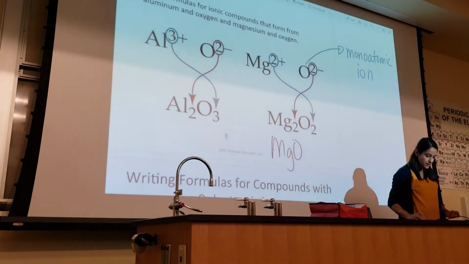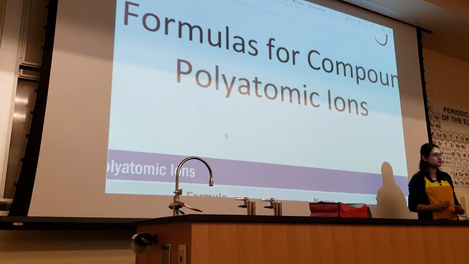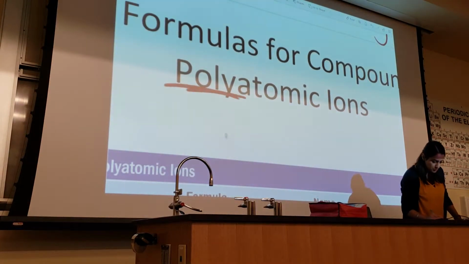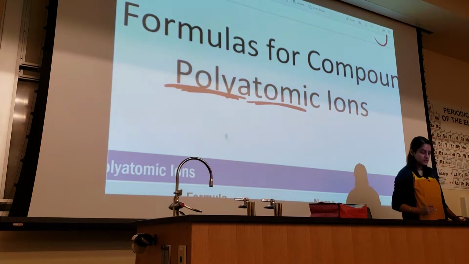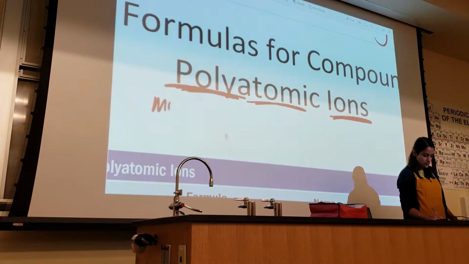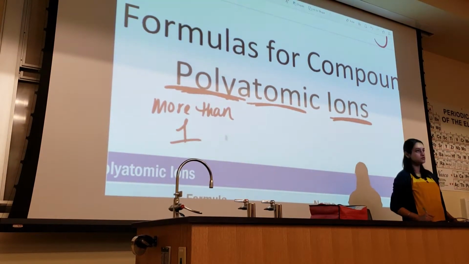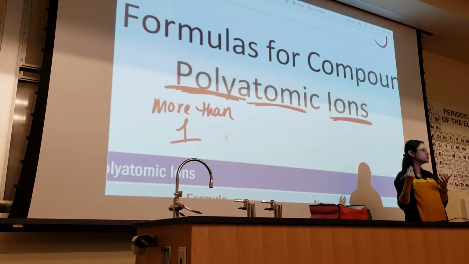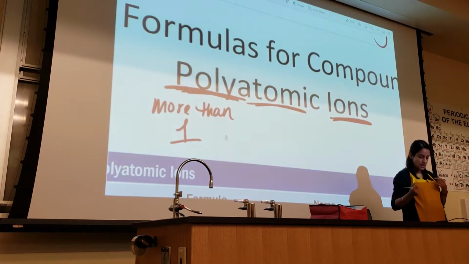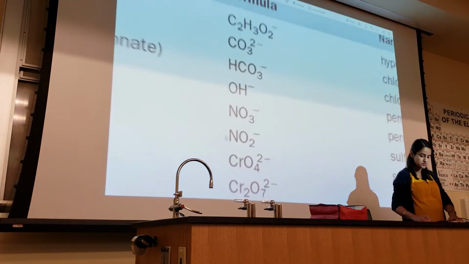Now you can have a situation where it's polyatomic. Poly meaning multiple atoms are involved, and they happen to have a charge. So poly, more than 1. Normally, you'll see 2 or 3 involved. 3 is probably the most you'll see. So these are polyatomic ions.